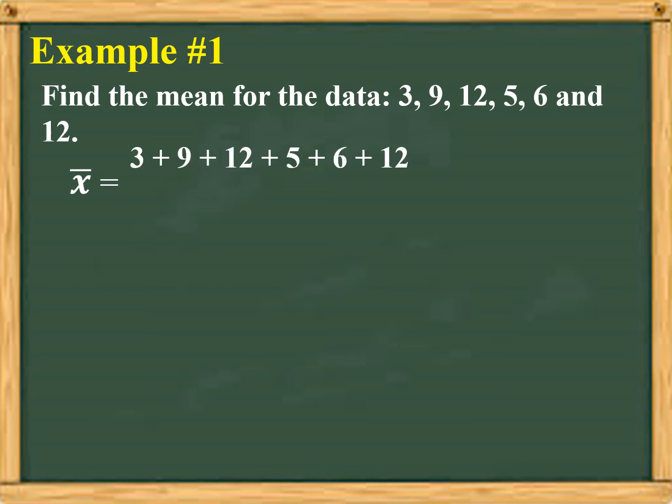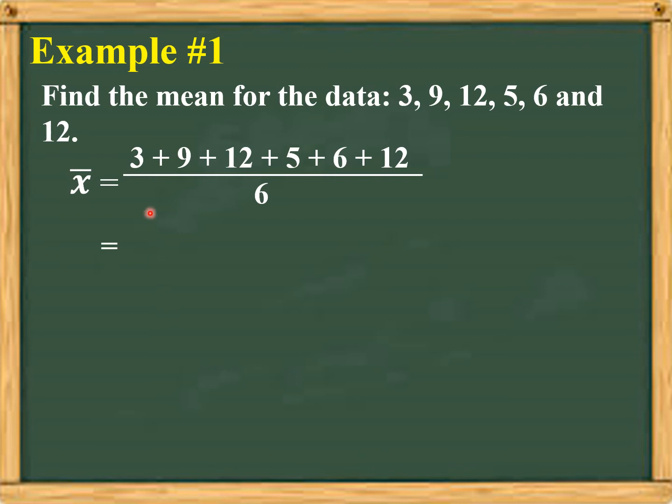Again, just copy the data and then get the sum. We will have 3 plus 9 plus 12 plus 5 plus 6 plus 12 divided by the number of data. So we're going to count our data: 1, 2, 3, 4, 5, 6. Since we have 6 data, therefore, over 6.